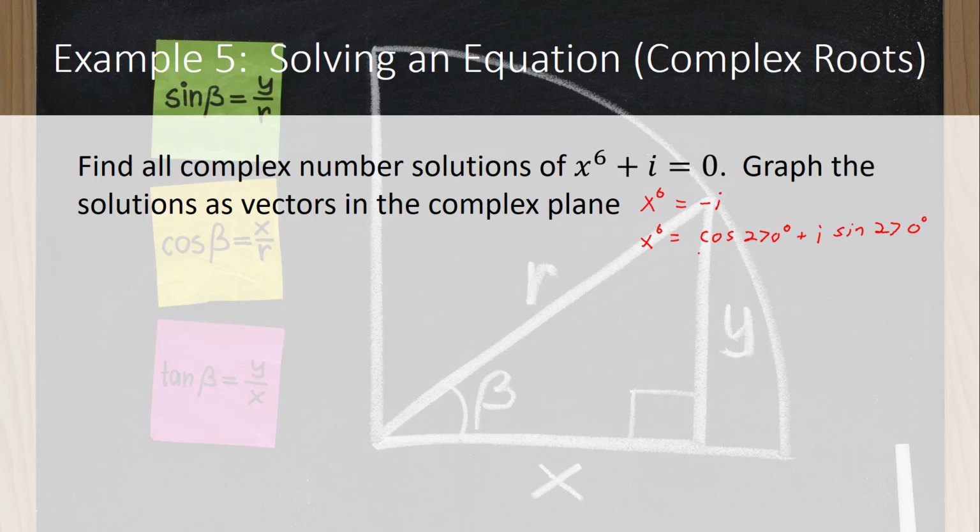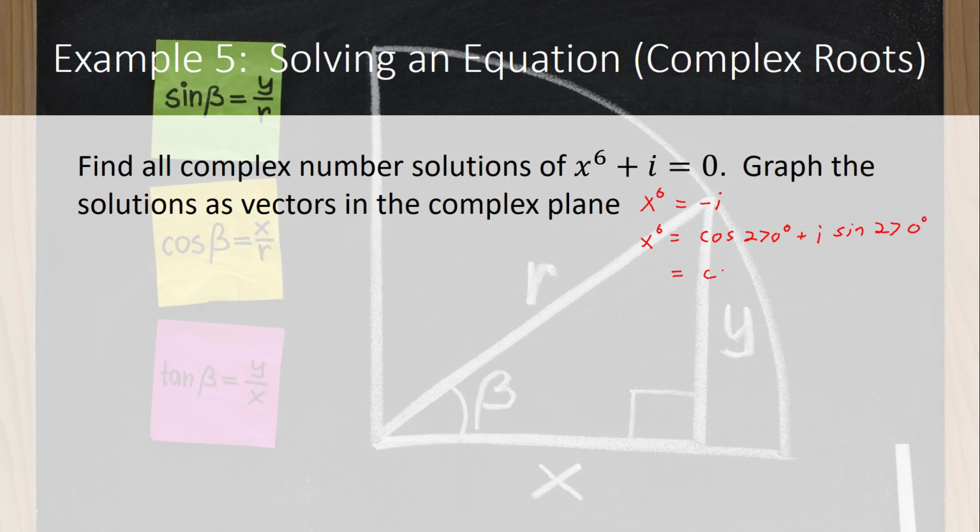As you can see, the solution to this particular equation is going to be the 6th root of this particular number, and there will be 6 solutions. So how do we figure them out? Well, here we only need to figure them out in polar form, so we can just go ahead and write them out. First, let's write this in the abbreviated form.